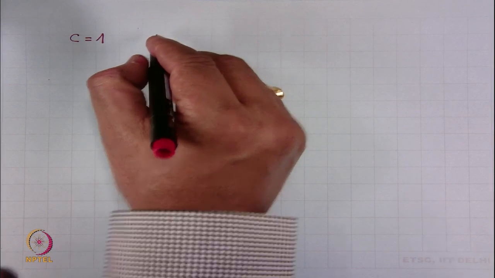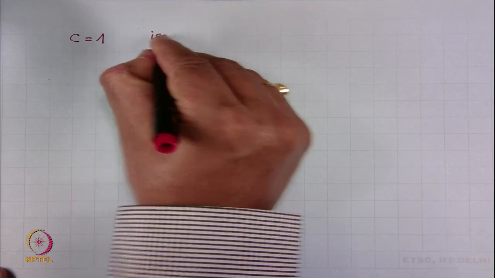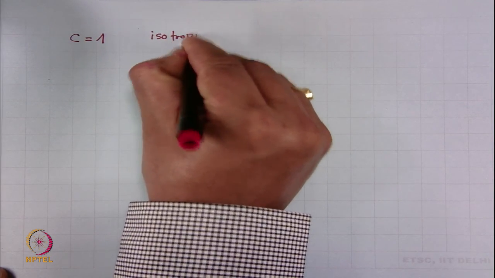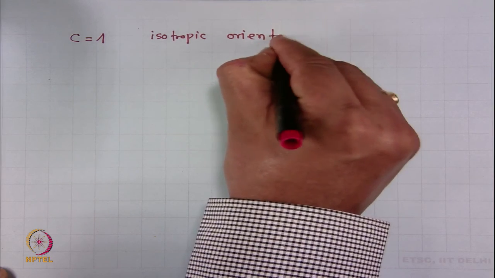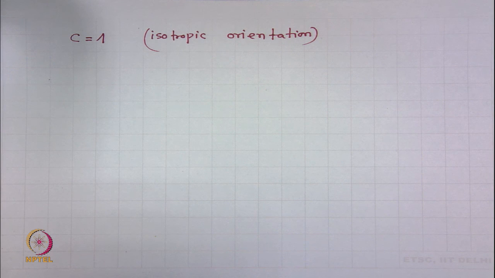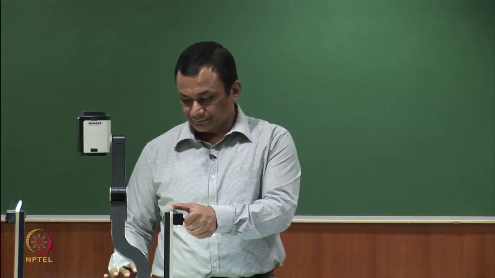C is equal to 1 means isotropic orientation.